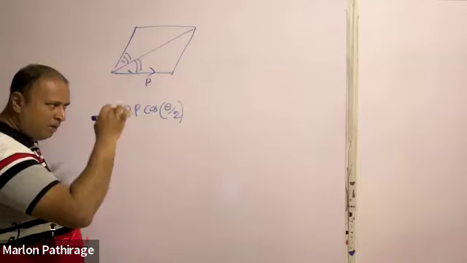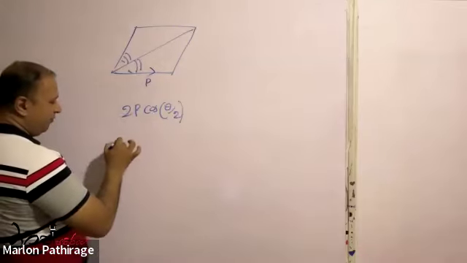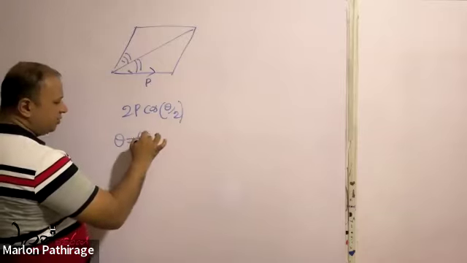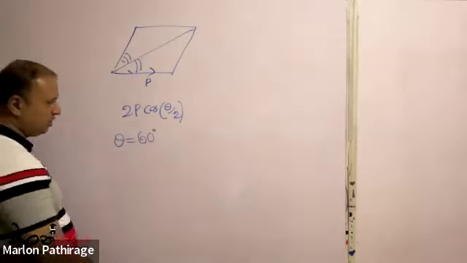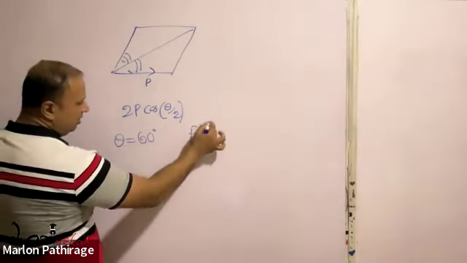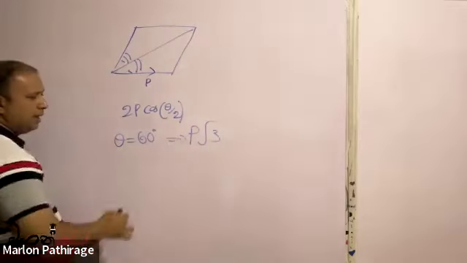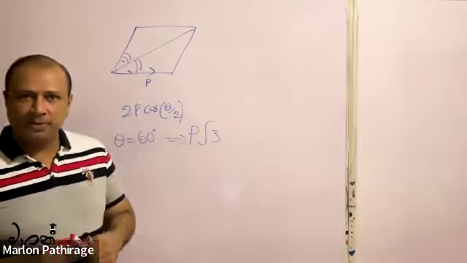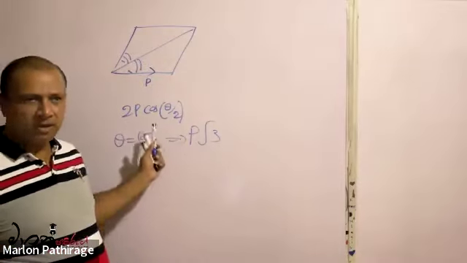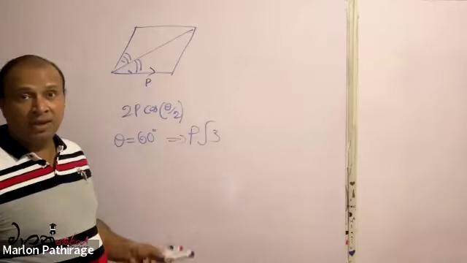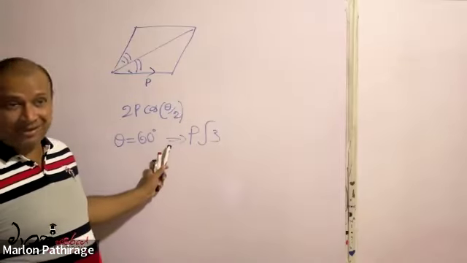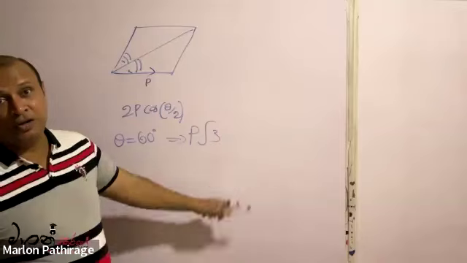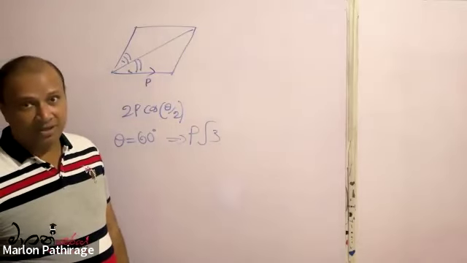From that, we have determined that when theta is equal to 60, the resultant vector is P root 3. So if you remember this one, then if theta is 60, the resultant is P root 3.